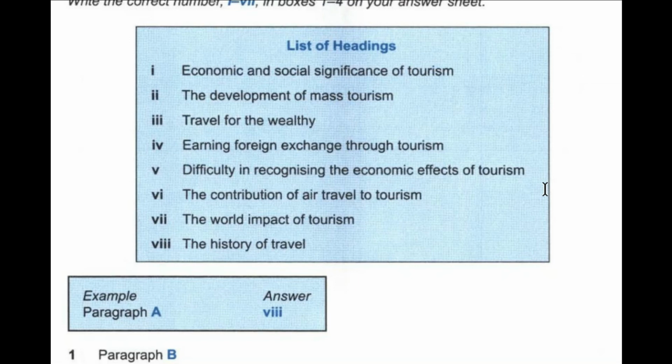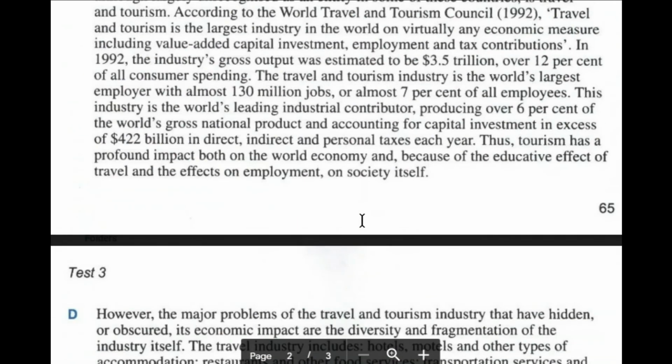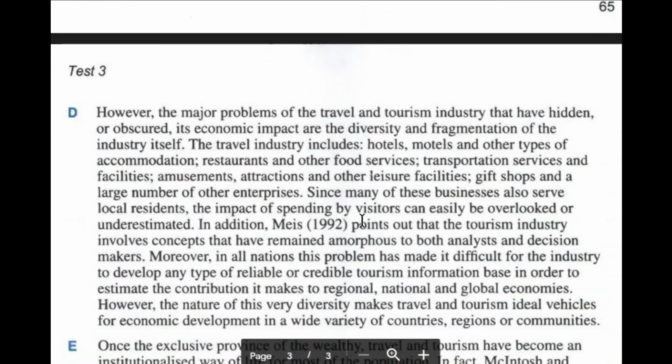Okay, so if we look at the heading, the word impact of tourism, don't be tricked with the word world over here. That has nothing to do with the heading of the paragraph. So we are done. So paragraph C is also done. Okay, let's move on to the next paragraph.